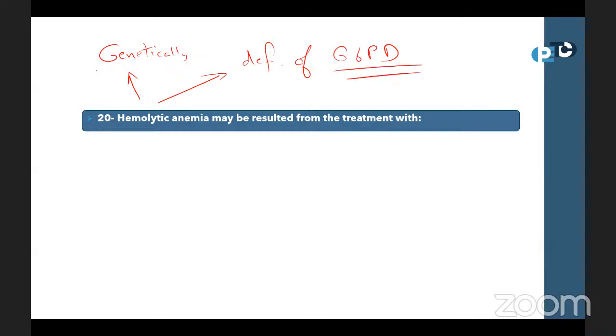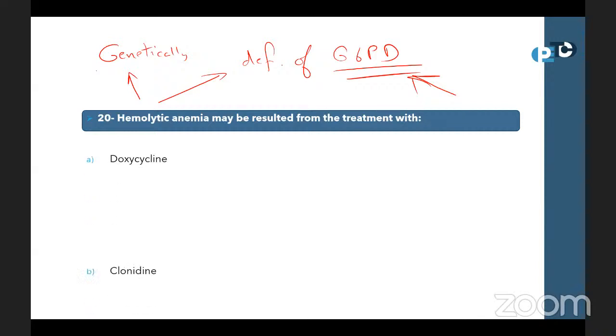This enzyme is important in our body, as it prevents the hemolysis of the blood. If this enzyme is not present or deficient, the RBCs will undergo hemolysis, and we have hemolytic anemia. Some drugs lead to deficiency of this enzyme, so they will lead to hemolytic anemia.